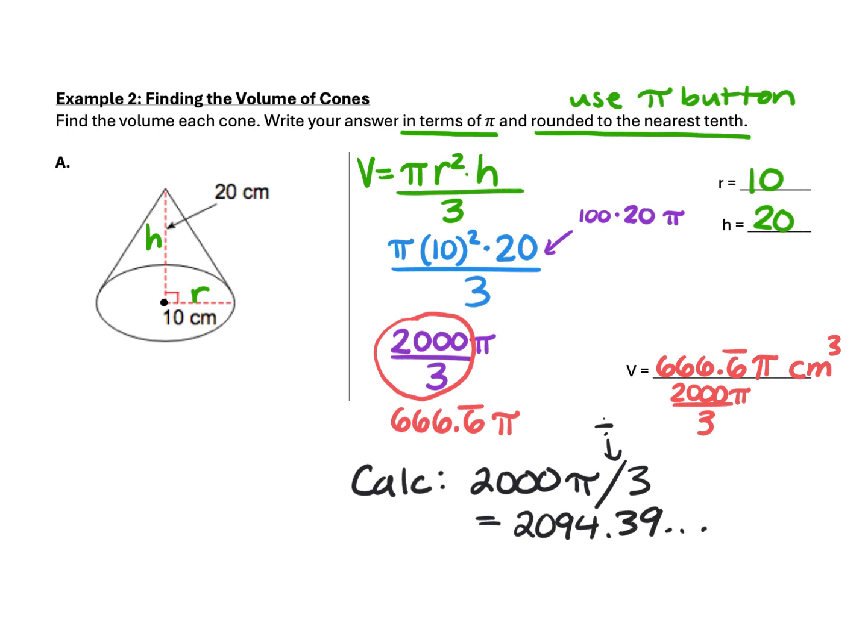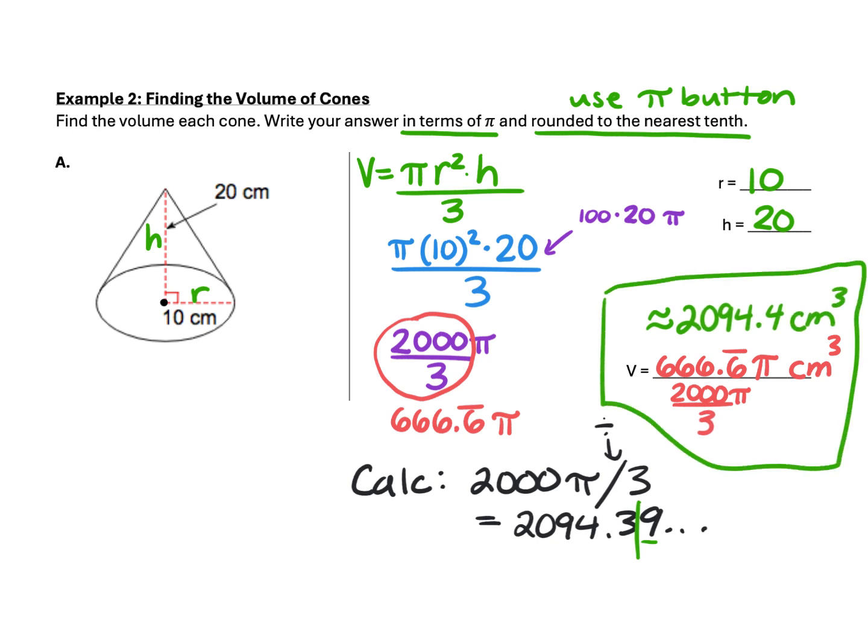I want to round to the tenths place, so I'm going to round up. So we'll say the volume is approximately 2,094.4 cubic centimeters. And there's our answer expressed, well, I guess 3 ways. These 2 are the same exact answers, and then my approximate answer with that approximate symbol.